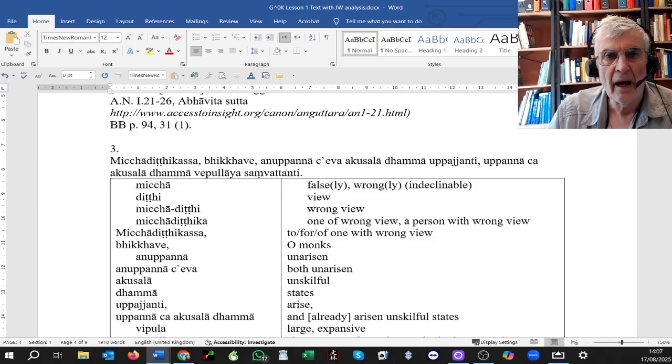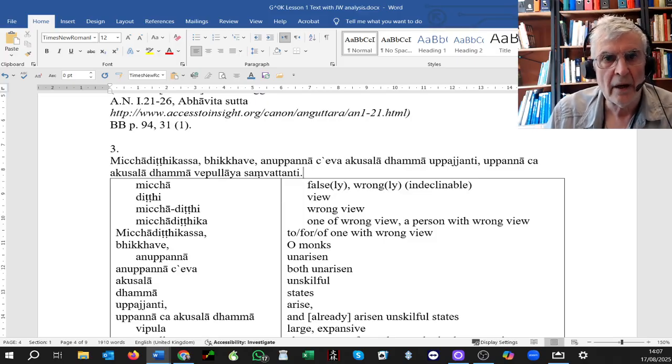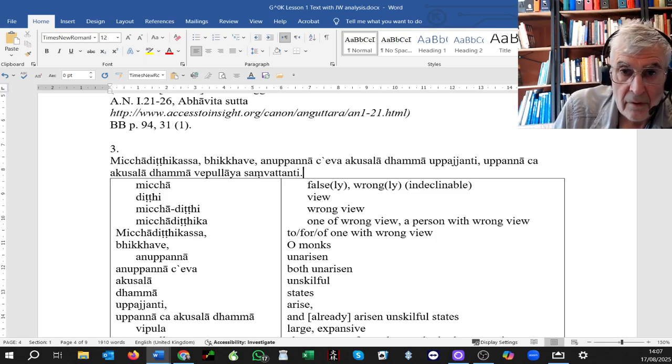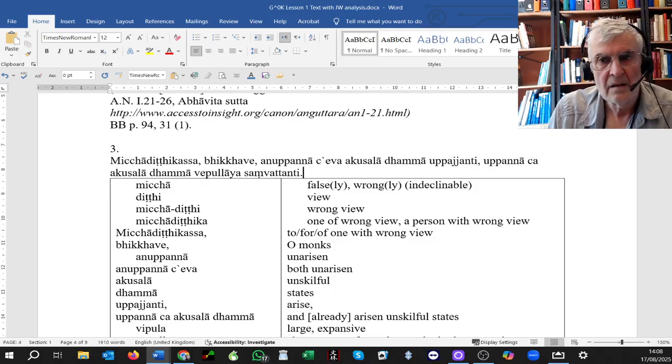So anuppanna, negated by the a, which becomes an before a vowel, just the same as it does in Greek and we do in English. Anaerobic, anorexic, the same an. So anuppanna cheva akusala dhamma, both unskillful states arise. Uppanna cha akusala dhamma, and arisen, that is already arisen, unskillful states, samvattanti, proceed to, conduce to, vipulaya.